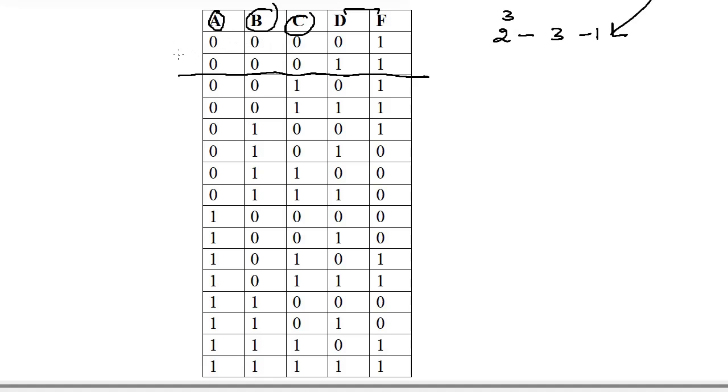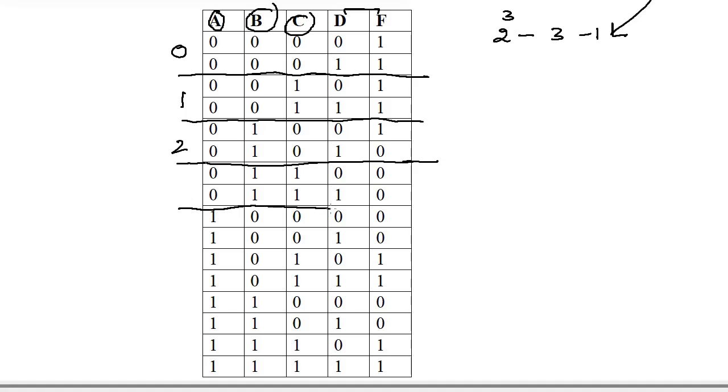ABC value is 0, so that is equivalent to the 0th value. I'm dividing the table into 8 groups. The next is 001, decimal equivalent 1. Next, 2.